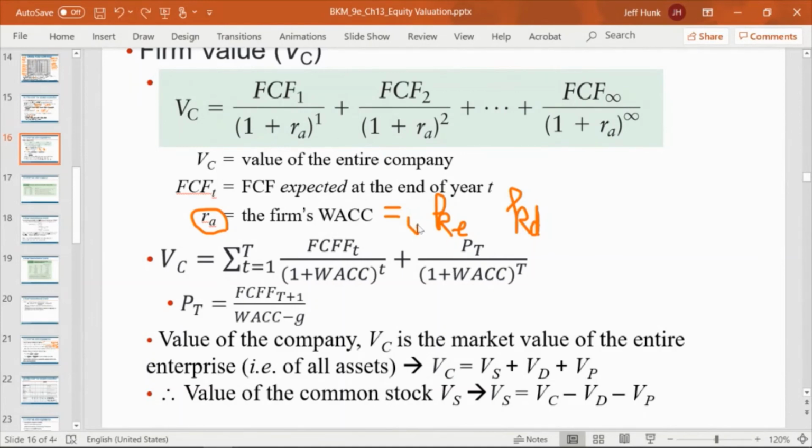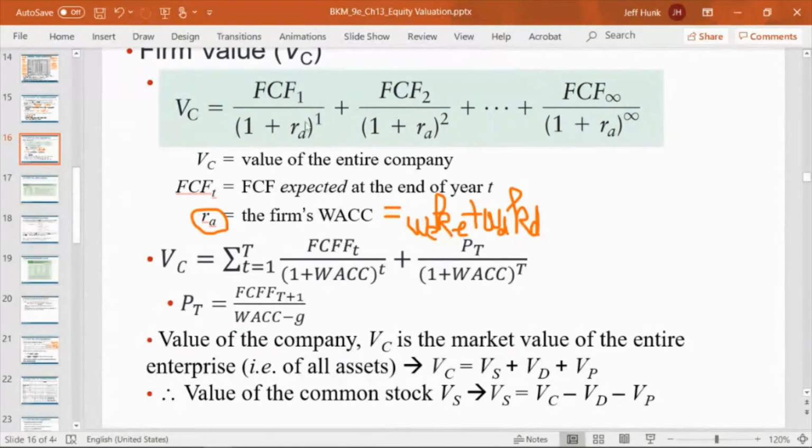So how do you find the weighted average? Weight of equity times cost of equity plus weight of debt times cost of debt. So this is the weighted average cost of capital, and weighted average is also called weighted sum because this is summing up two weighted variables.